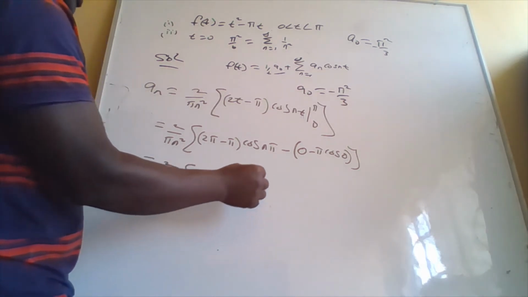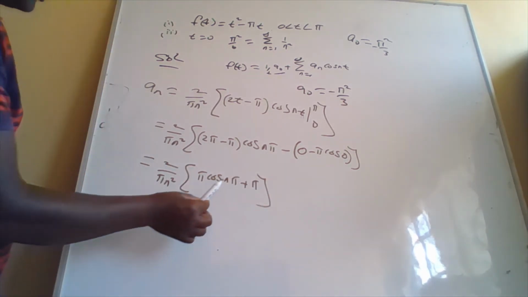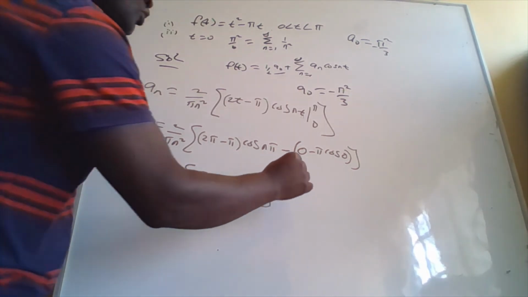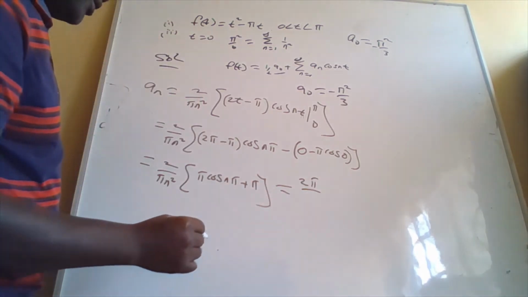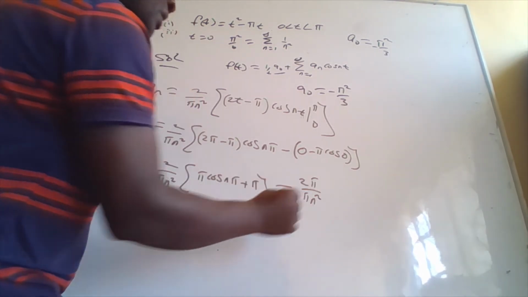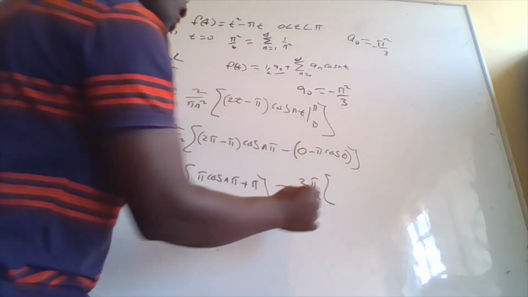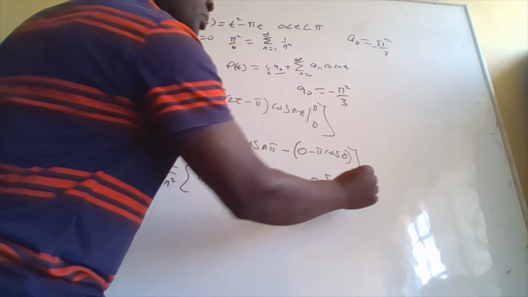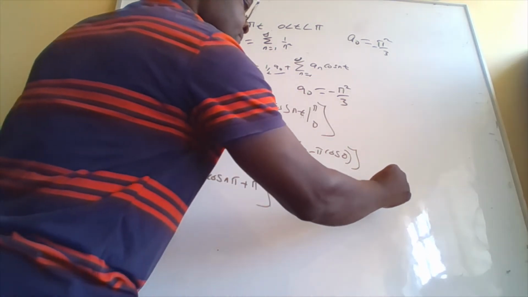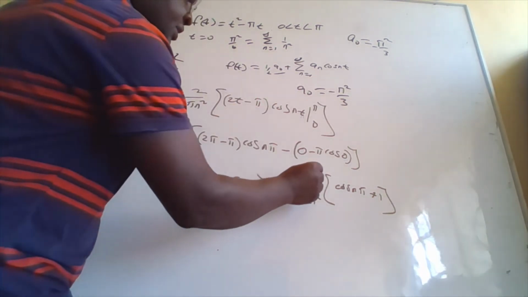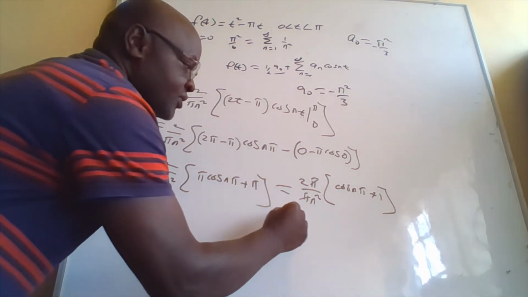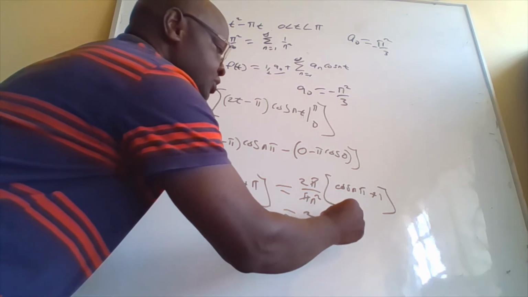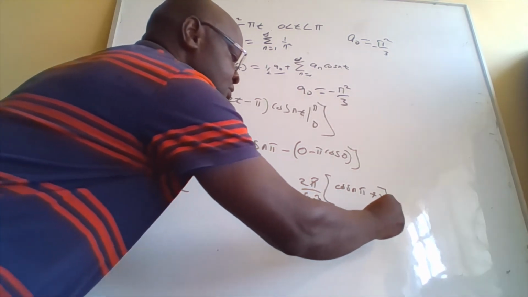With this negative becomes a positive. You can factorize out pi so that this equals 2 pi over pi n squared into cos n pi plus 1. This pi and that will cancel, so that we have 2 over n squared into cos n pi plus 1.